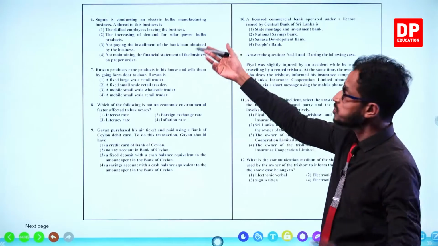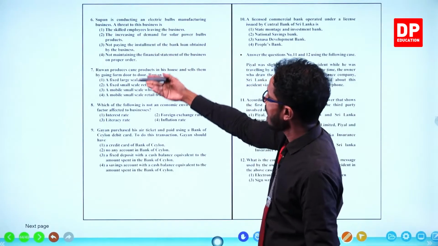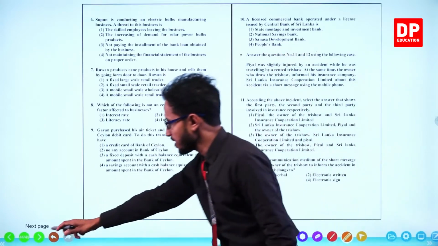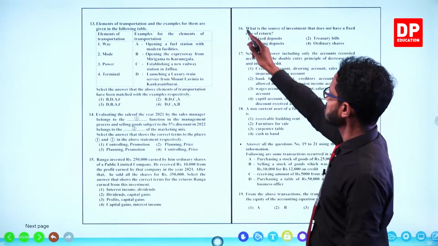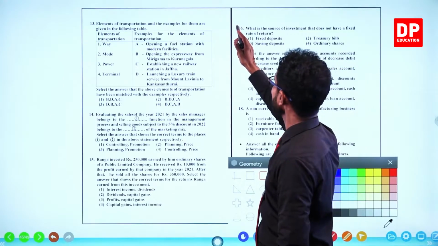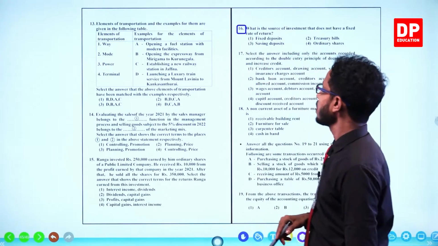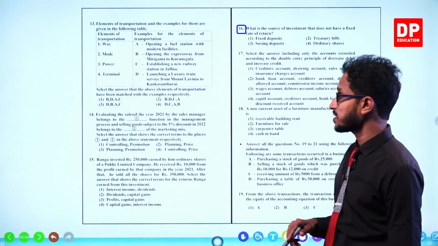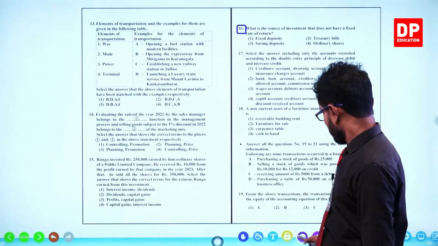The paper continues from the 6th question. Up to question number 16, all are business studies questions.